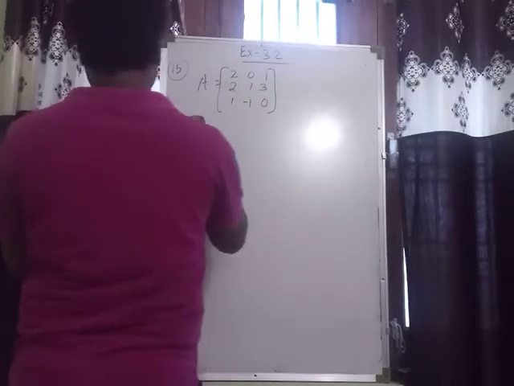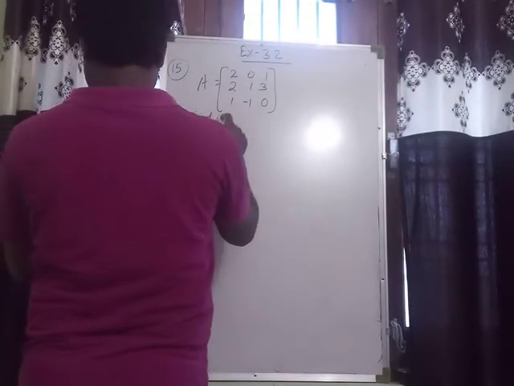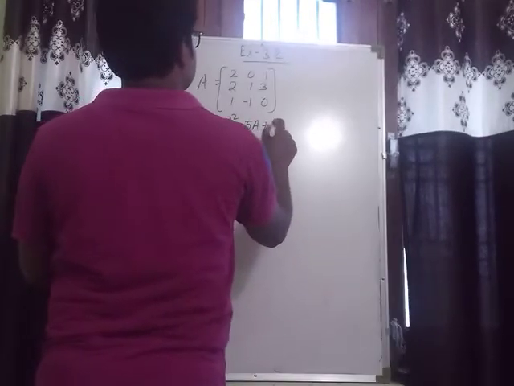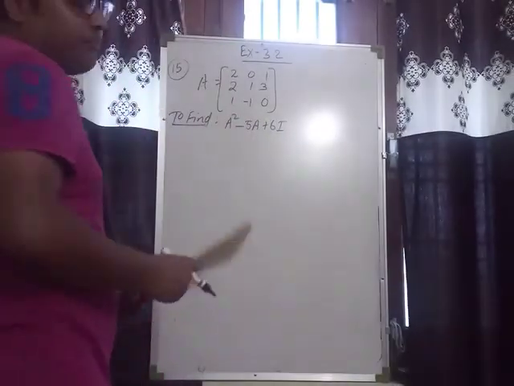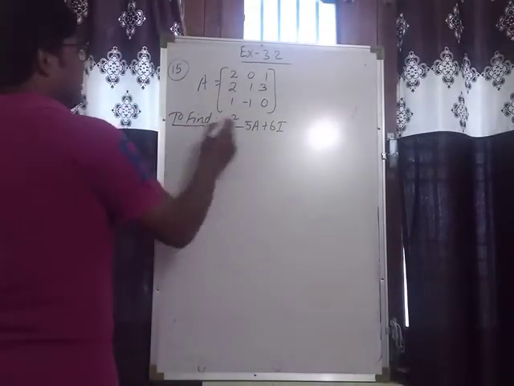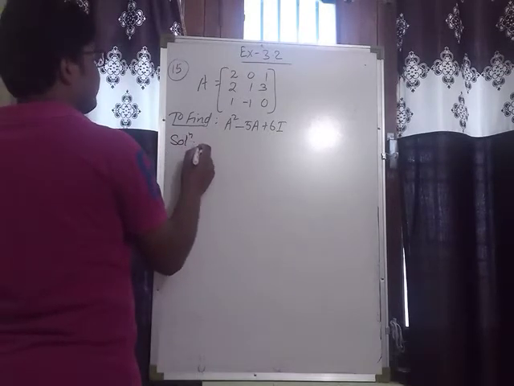And we have to find A squared minus 5A plus 6I. I am going to find the solution of this question.